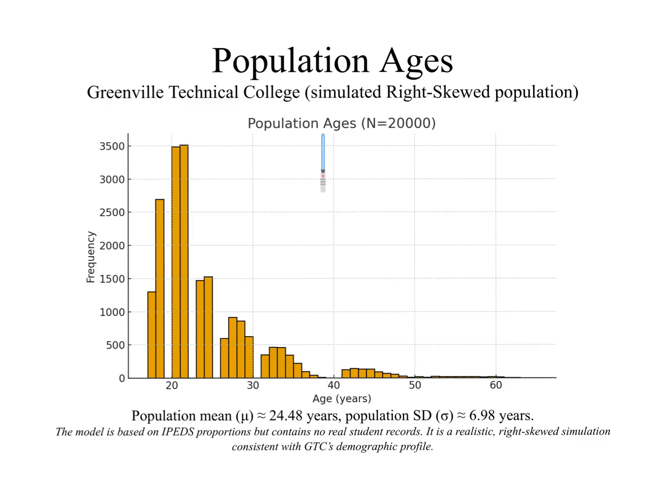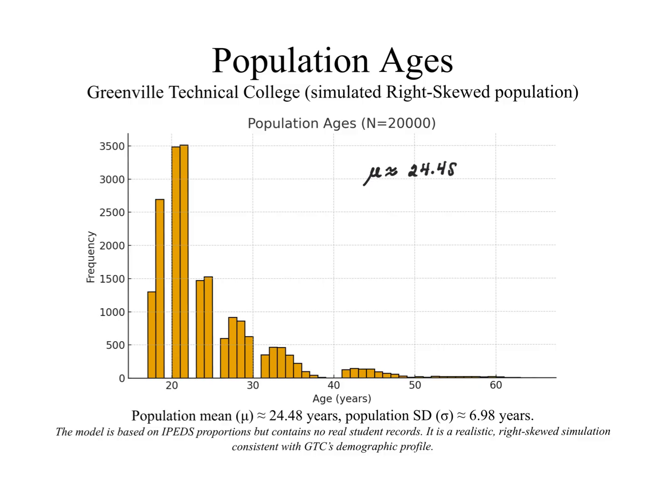So here my population size, capital N, is 20,000. And you can see that this population is right skewed, and its mean, let's write this down, is approximately 24.48 years.